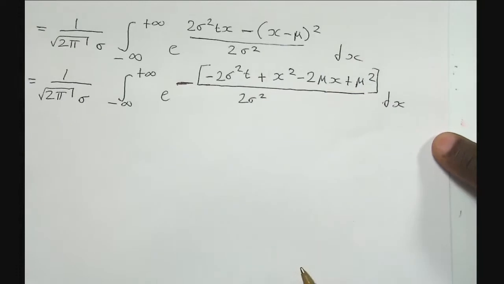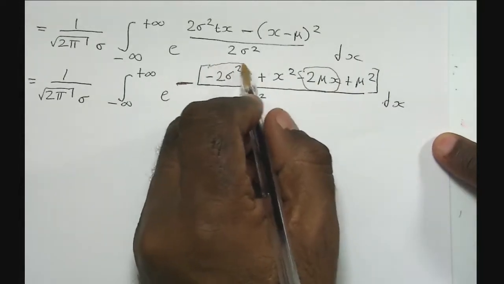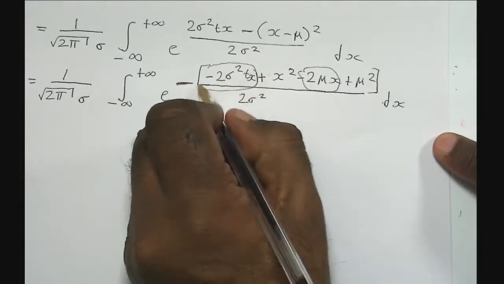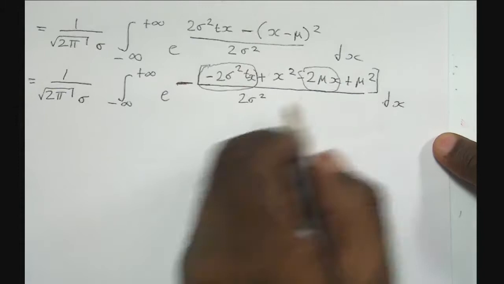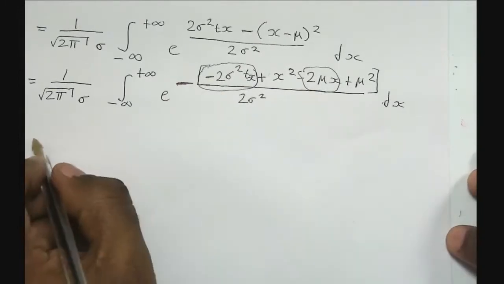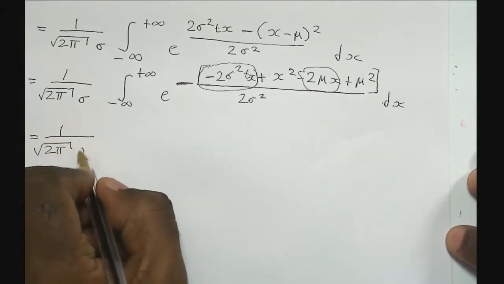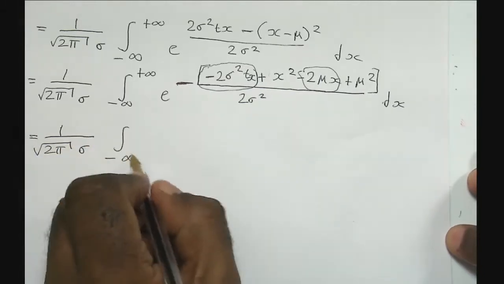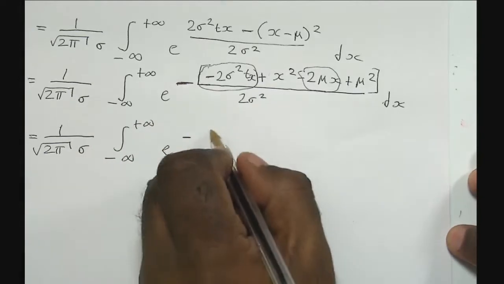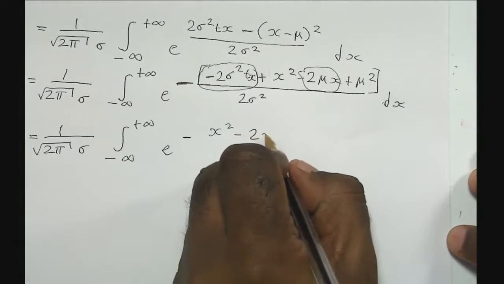Okay. Now I'm going to combine these two. You see there are 2 terms here that involve x, this term and this term. So I'm going to combine the 2, and you get x squared minus 2x.